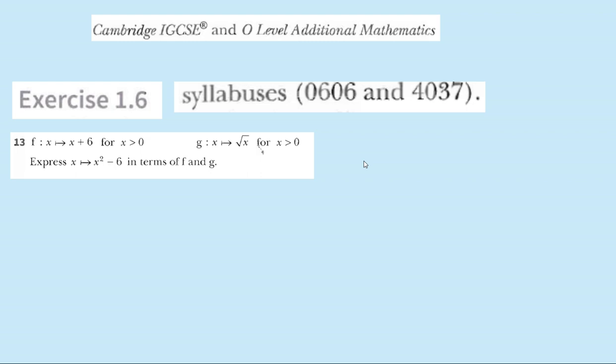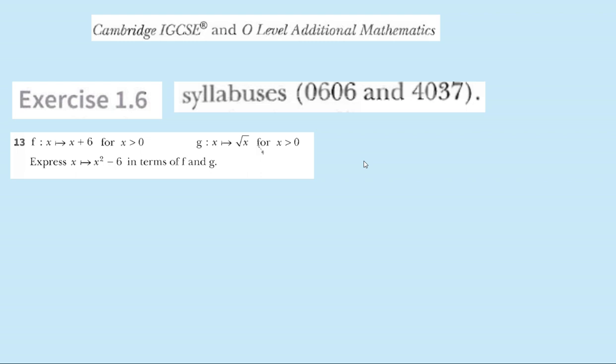Students, whenever you see a question which involves two functions, it means you have to composite two functions, or you can say you have to combine two functions.